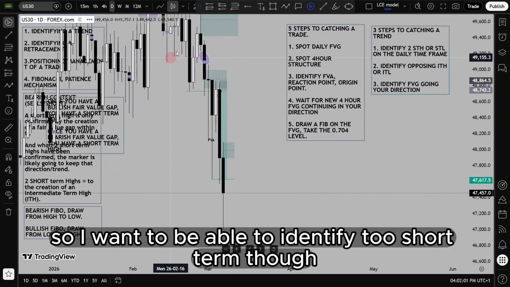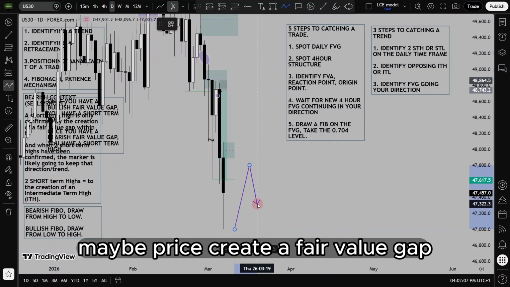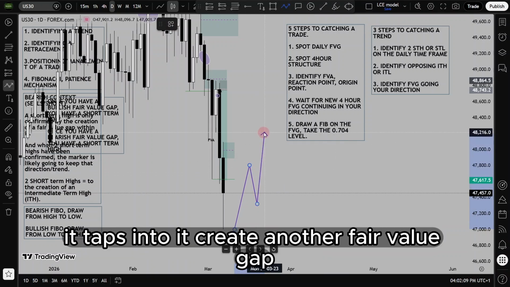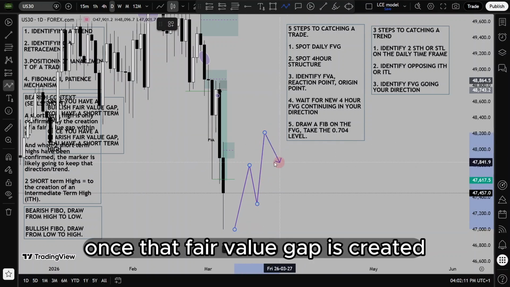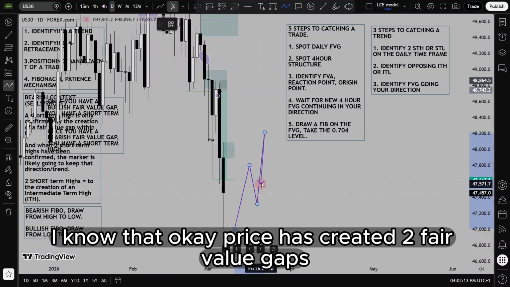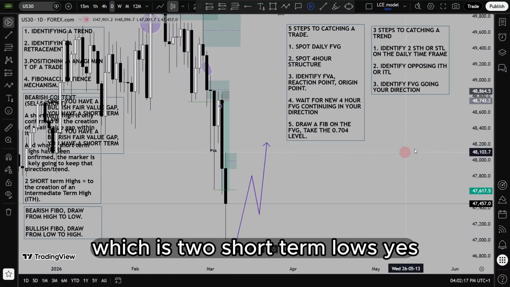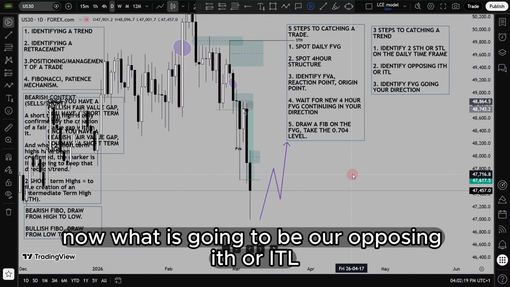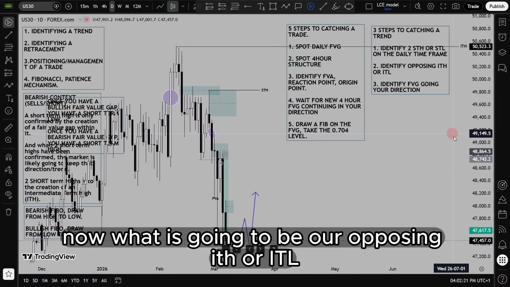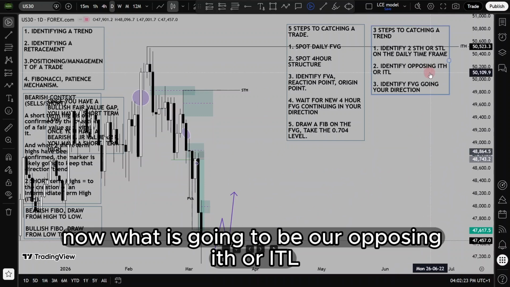Maybe price creates a fair value gap, taps into it, creates another fair value gap. Once that is created, I know that price has created two fair value gaps, which is two short-term lows. Now, what is going to be our opposing ITH or ITL?